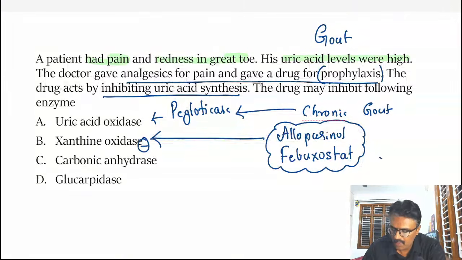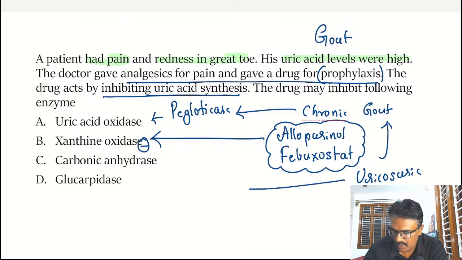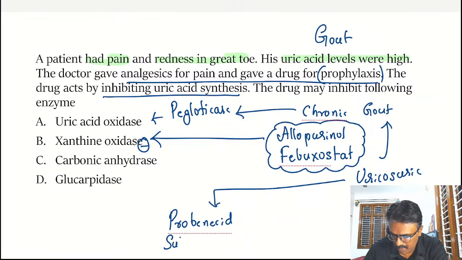For chronic gout we have another group of drugs called uricosuric drugs. And what are the names of them? Probenecid, sulfinpyrazone, and one more is called lesinurad.